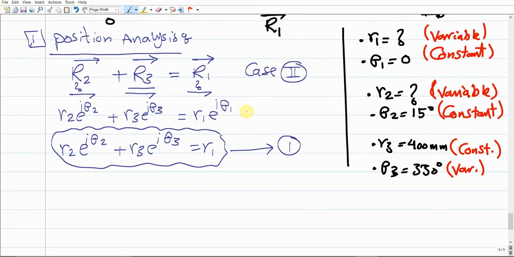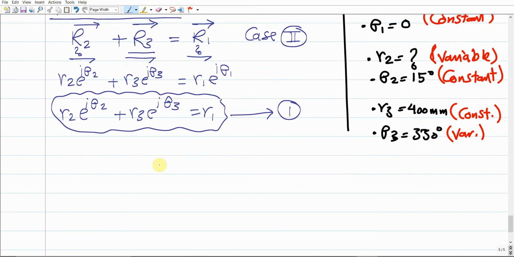For case 2, the procedure is to directly decompose these terms into their trigonometric functions, cosine and sine, then convert them into real and imaginary parts. This term will be cosine theta 2 plus i sine theta 2, as we discussed before.